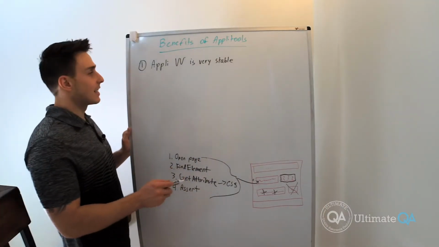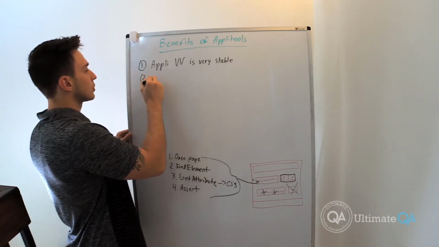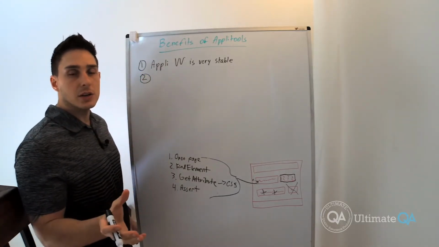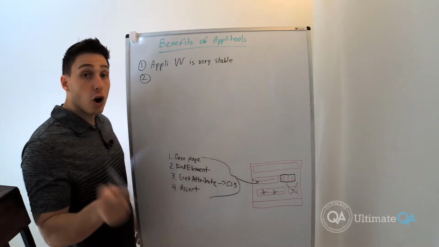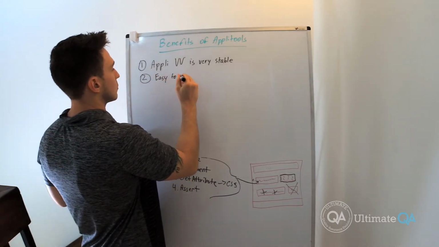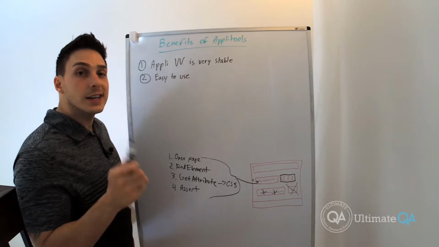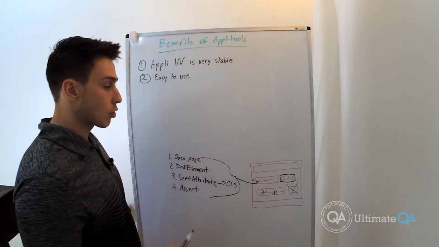And with this, that leads to the second benefit of using Applitools, and that it's very easy to insert into your current automated functional test. It's easy to use because it's usually a single method that you need to plug into your current test.